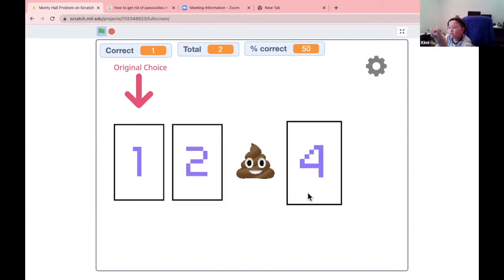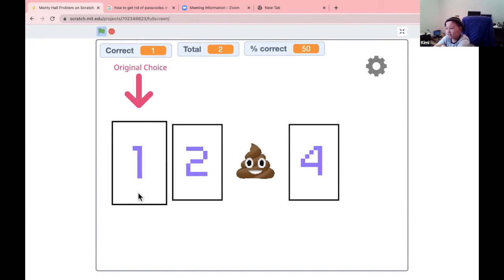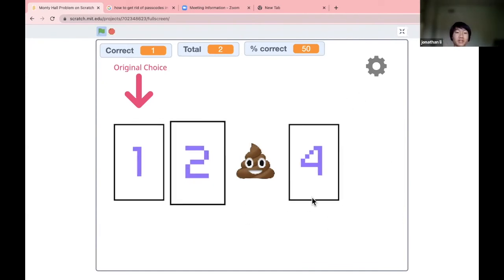So why does the first door not count? The first door might have a banana too. Nobody knows. That's why it's a probability of getting those, so it's not guaranteed you're going to have a better chance on those.